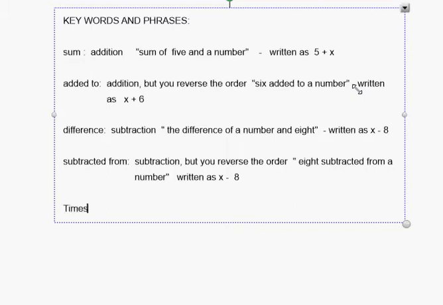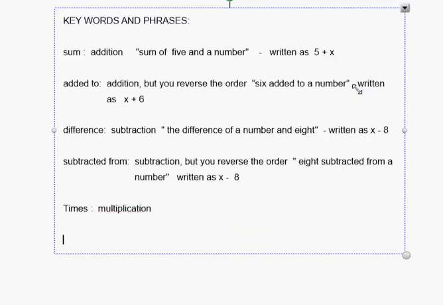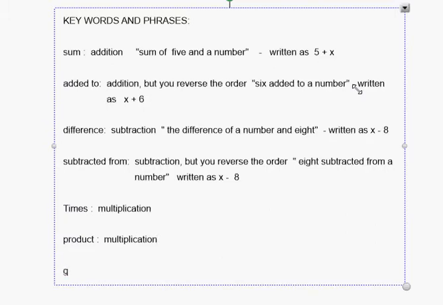Times is another one. That means multiplication. No reverse order, though. Product means multiplication. Again, no reverse order. Quotient means division. And again, no reverse order. So these are some sample keywords and phrases.